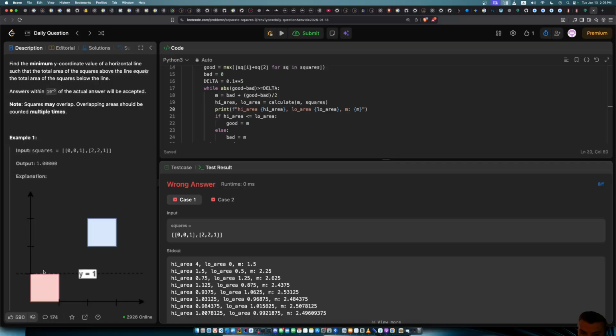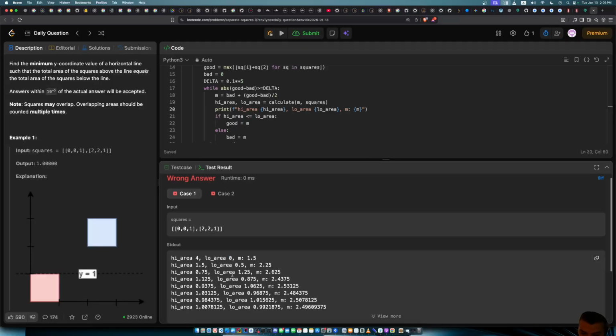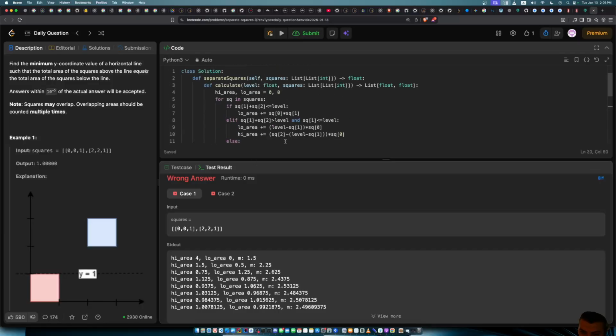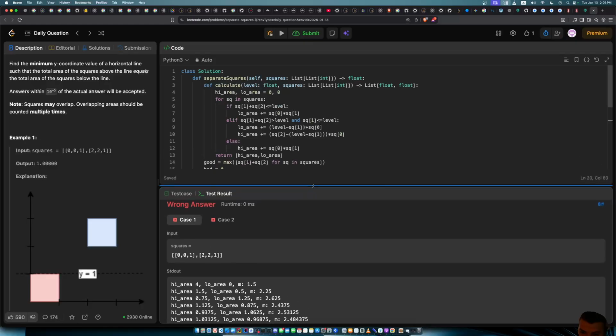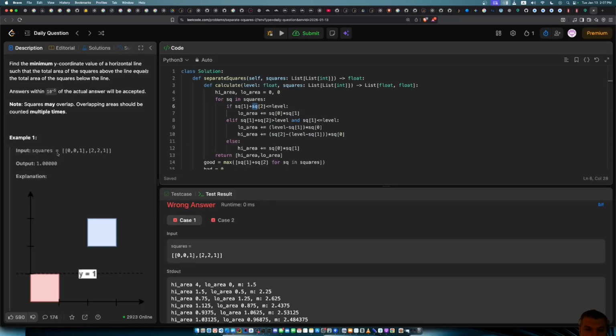That's something I have not expected. Low area is 0. Why, if I split at 1.5? So I have high area, low area, and then here I go 0, 0, 1. Check it.